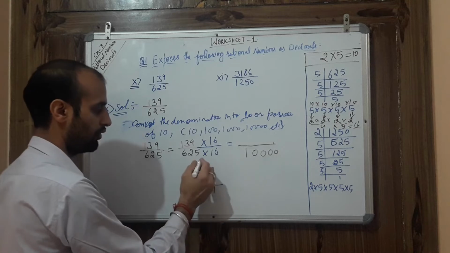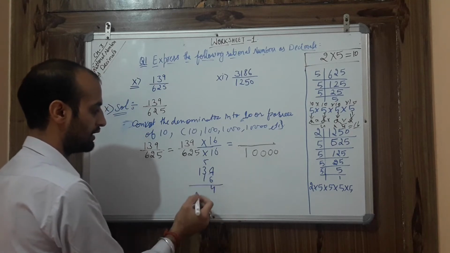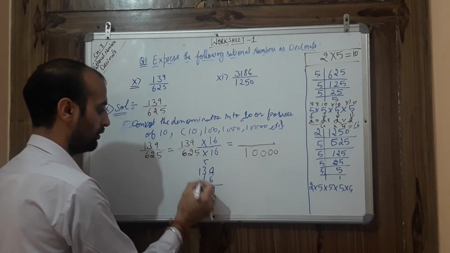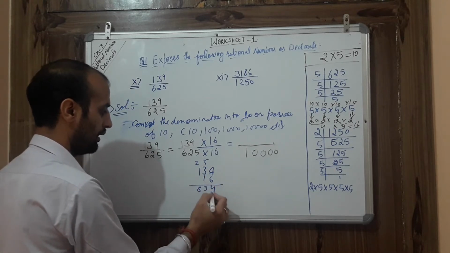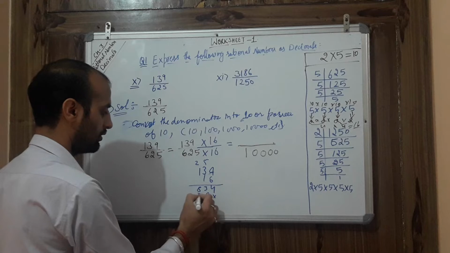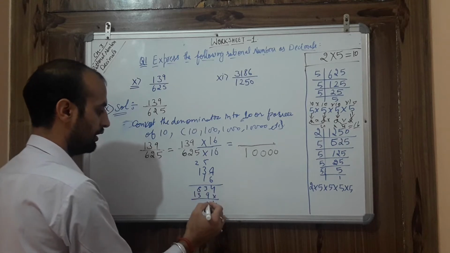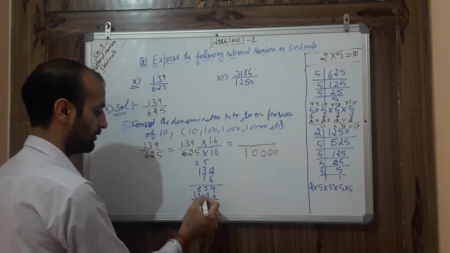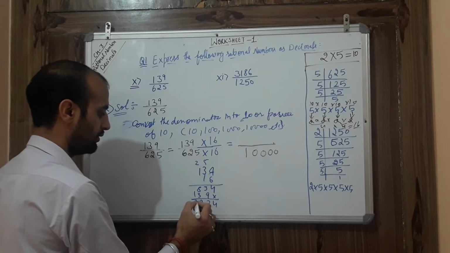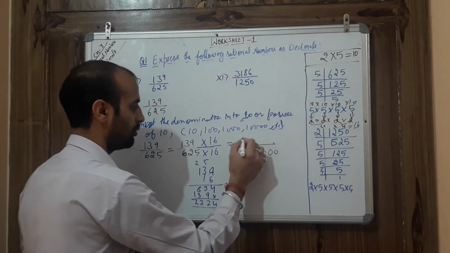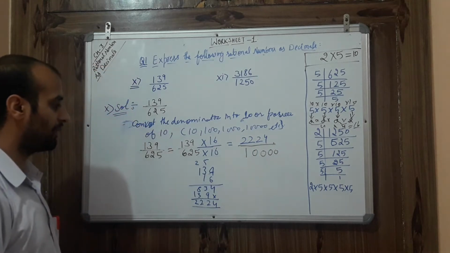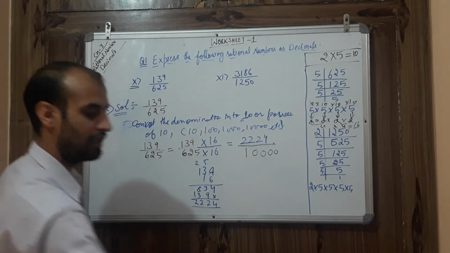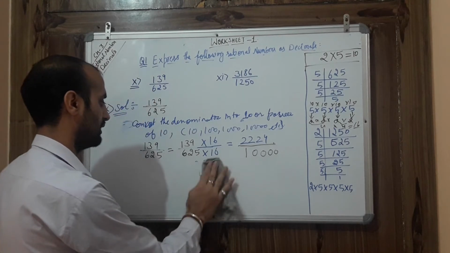Multiplying 139 by 16, you will get 2224. This would be the multiplied answer. Then after multiplying, your task is to shift the decimal.